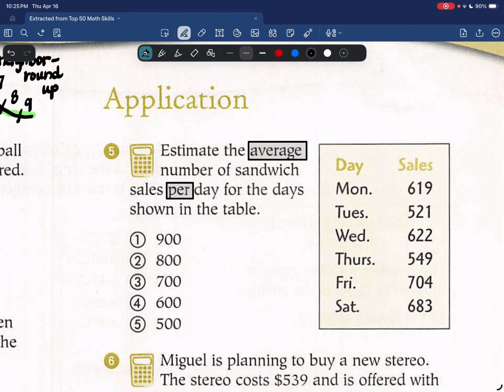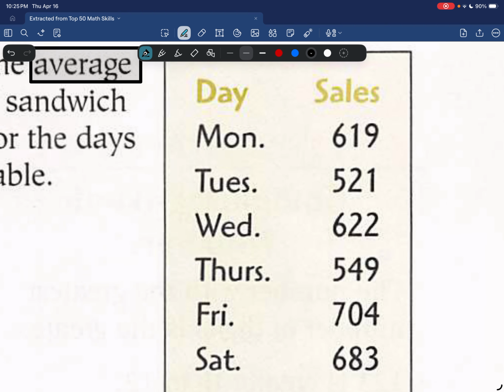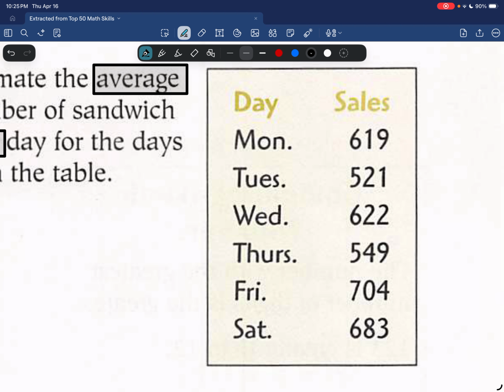So the first thing I'm going to do is to round my sales data. Now, when I look down this list of data, I see that they're all three-digit numbers. So that's hundreds. And that's how I'm going to round. Because my sales are in hundreds, that's the most logical place to round. I could round to tens, but I think that would be a waste of my time.